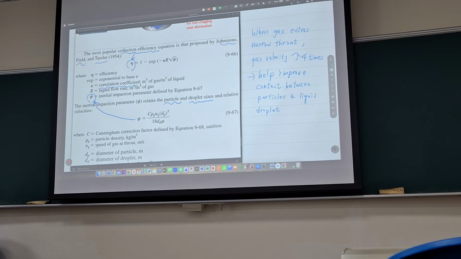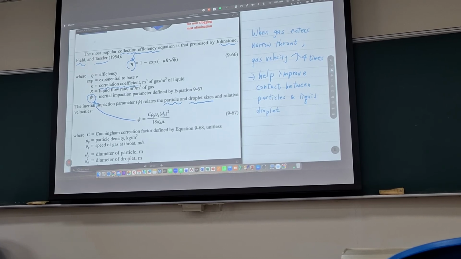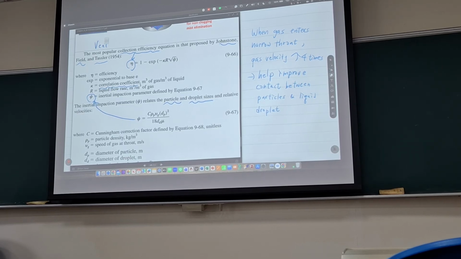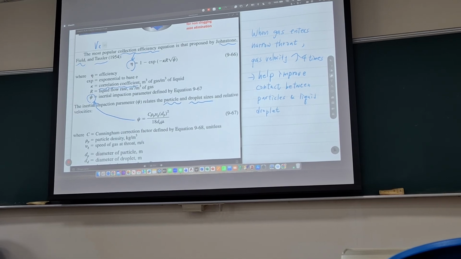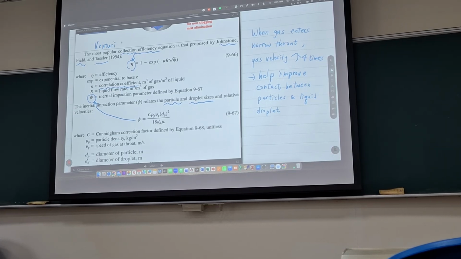So this equation is good for the Venturi scrubber.